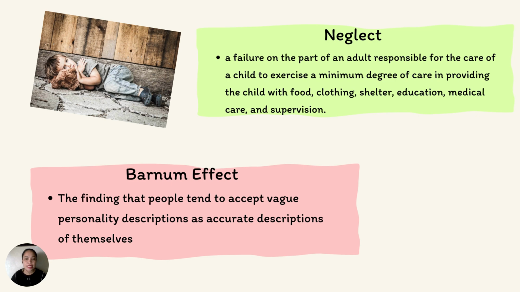While the third one is neglect, it refers to a failure on the part of an adult responsible for the care of a child to exercise a minimum degree of care in providing the child with food, clothing, shelter, education, medical care, and supervision.